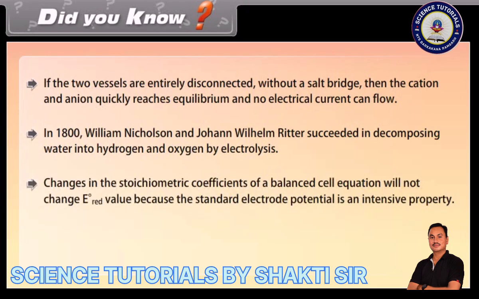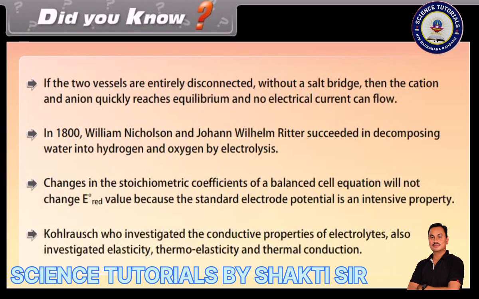Changes in the stoichiometric coefficients of a balanced cell equation will not change the E0 value because the standard electrode potential is an intensive property. Kohlrausch, who investigated the conductive properties of electrolytes, also investigated elasticity, thermoelasticity, and thermal conduction.